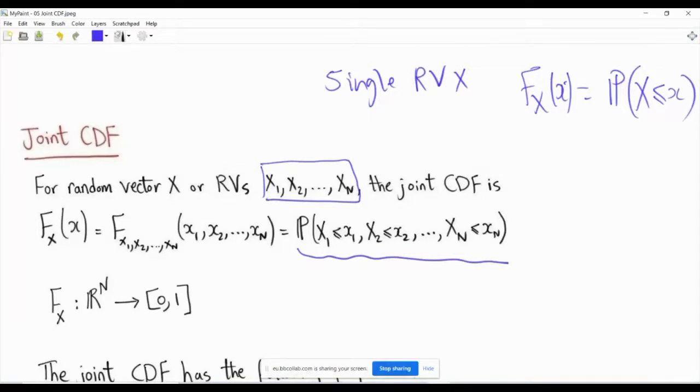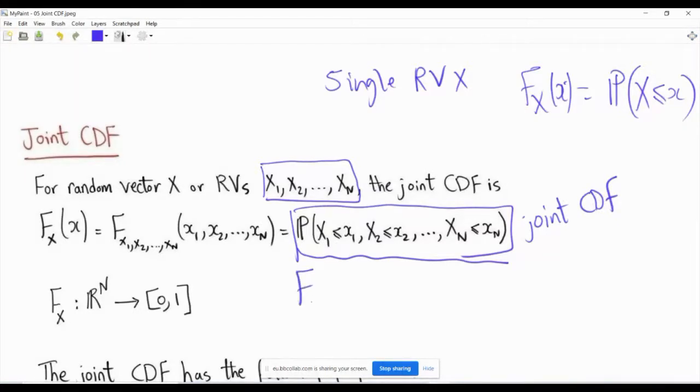Now, if you have a random vector, and so you have a bunch of random variables, let's say big N of them, then you have something called the joint CDF, and it is the probability that big X1 is less than or equal to small x1, and big X2 is less than or equal to small x2, and big X3 is less than or equal to small x3, and so forth. Okay, so this is the joint CDF.